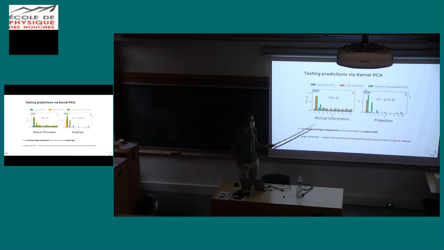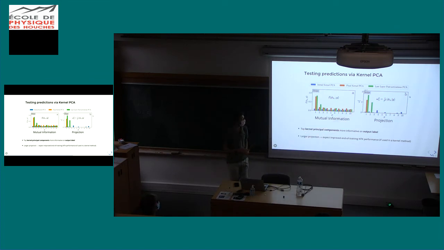What is plotted here: on the x-axis is the index of the eigenvectors, starting from 1 corresponding to the largest eigenvalue, and then you go in descending order. On the y-axis, on the left plot, we have the mutual information, an estimation of the mutual information between the eigenvector and the label, and on the right we have the projection of the eigenvector on the label.